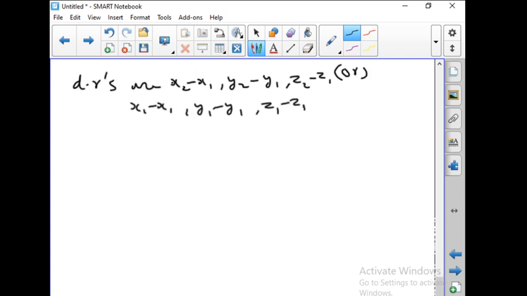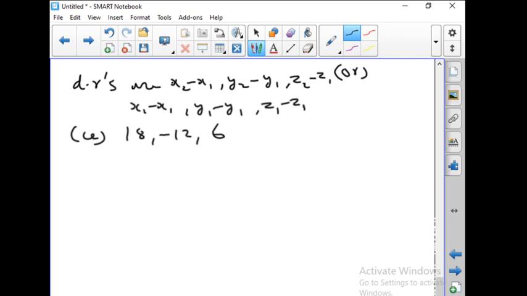We have seen already. So here, what are the direction ratios? 18, minus 12 and 6 are the direction ratios.